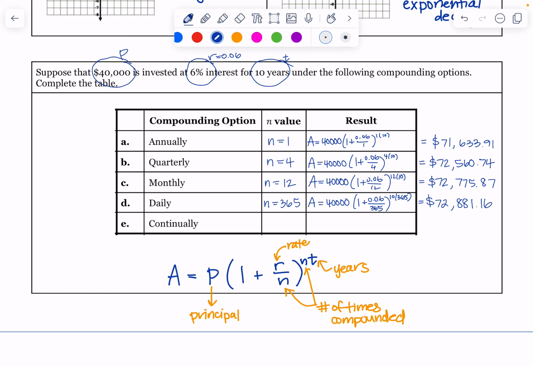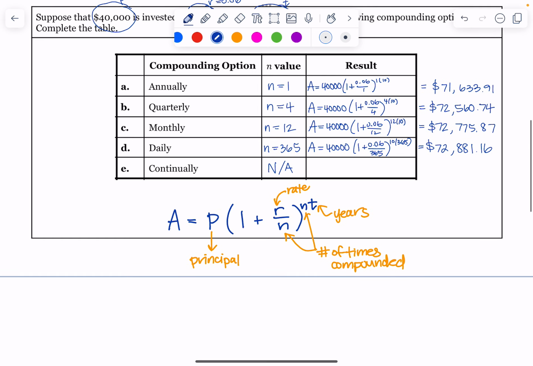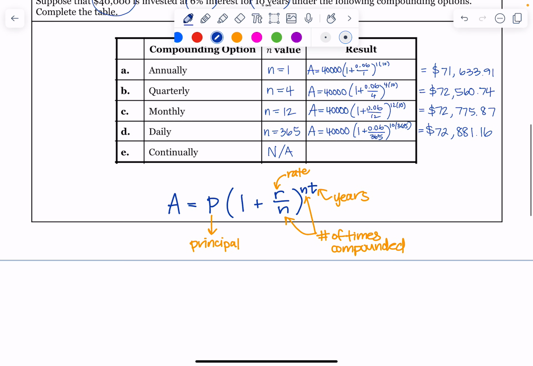If we're compounding continuously, we're not going to have this n value. We're going to be using a different formula. This is in the book too. Let me write it down here a little bit clearer. So for continuous compounding, the formula is A equals P E to the RT.